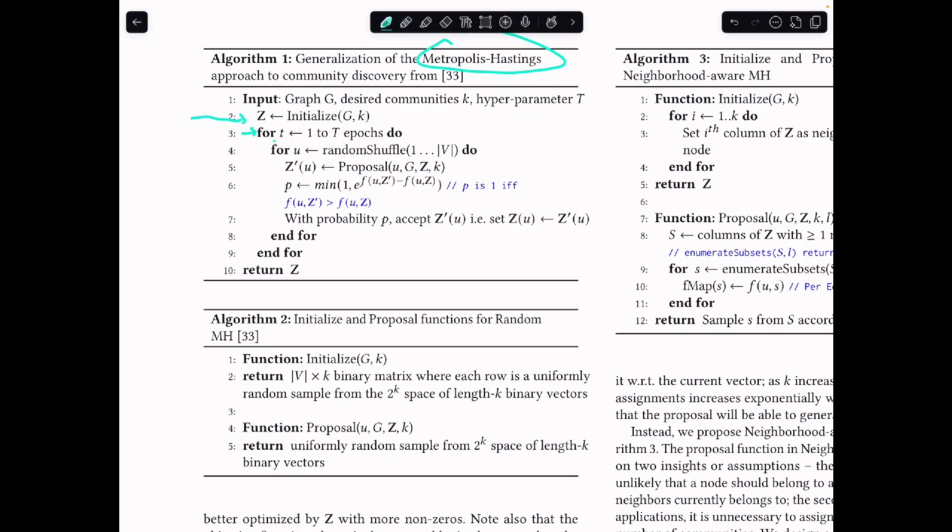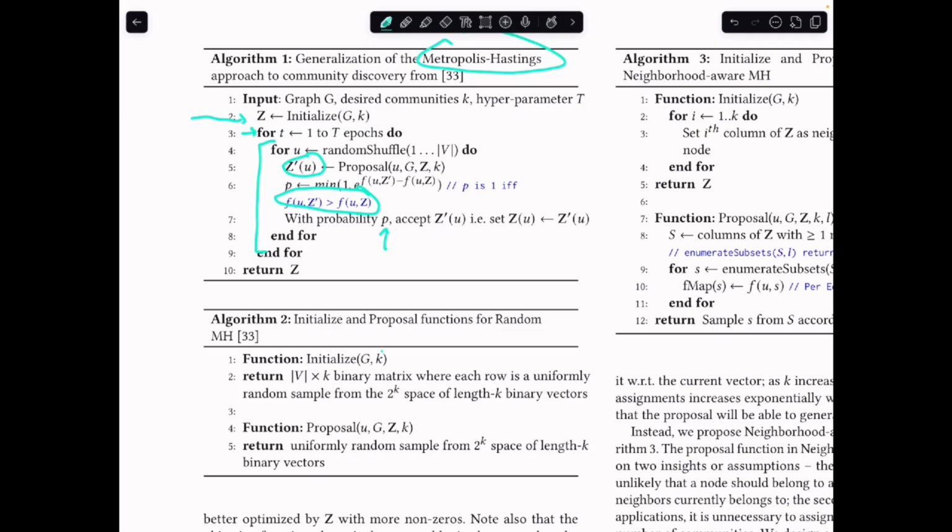For each epoch, you propose a new community assignment, and then measure how good this new community assignment is by calculating the objective function, which we just talked about. If according to the objective function, our proposed new community assignment is better than the previous, then it will be accepted with a certain probability. This is to avoid the local minimum.